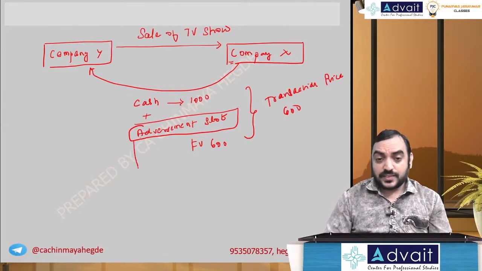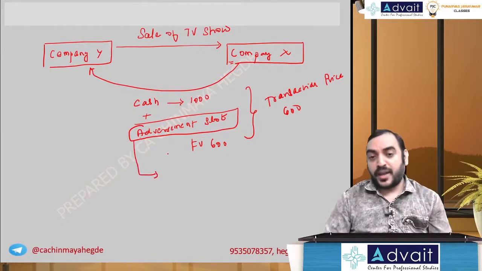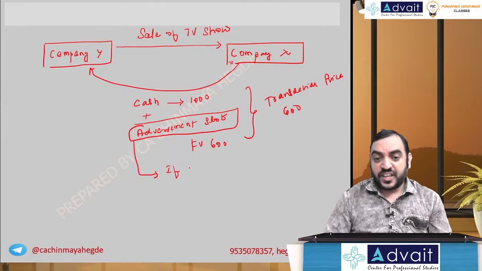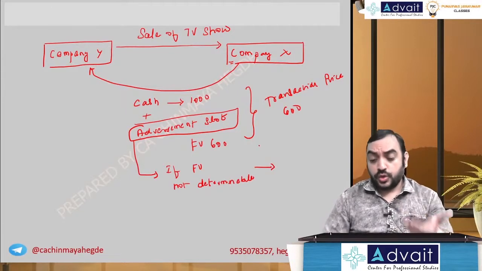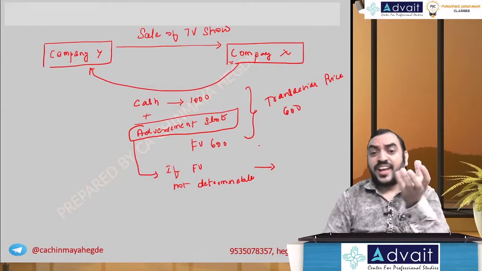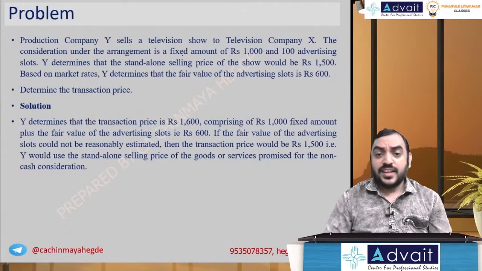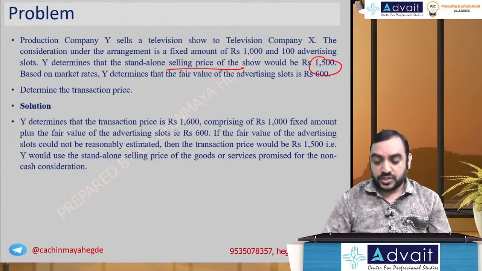If the fair value is not determinable, in that case, what would you do? What would be the value of the show alone? That's what they said. The standalone selling price of the show would be 1500.